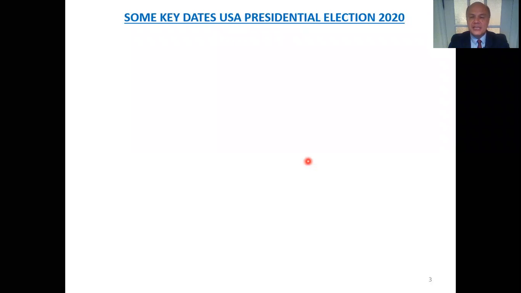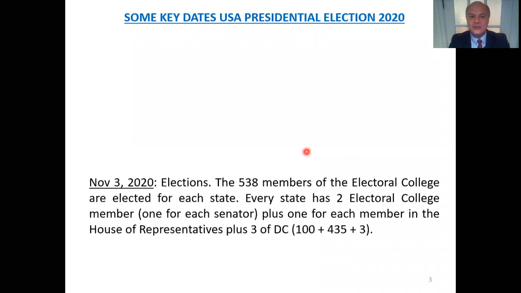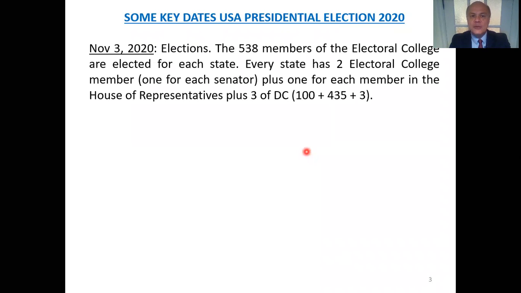Okay, first, let's see some key figures about the presidential election in 2020. Last November the 3rd, the elections took place in the United States. What was voted here were the members of the Electoral College for each of the states in the US.